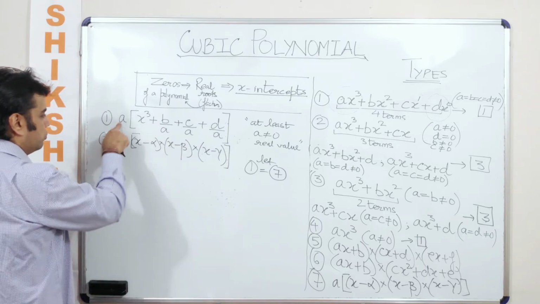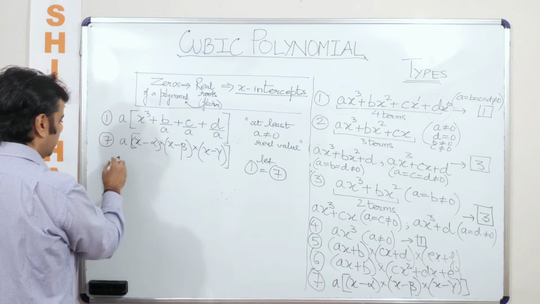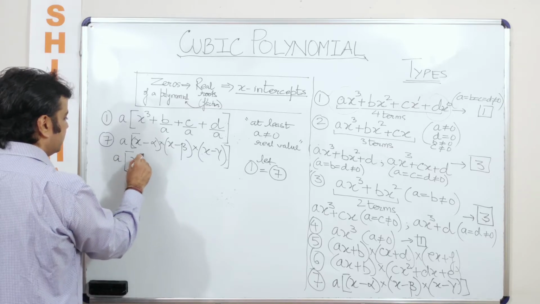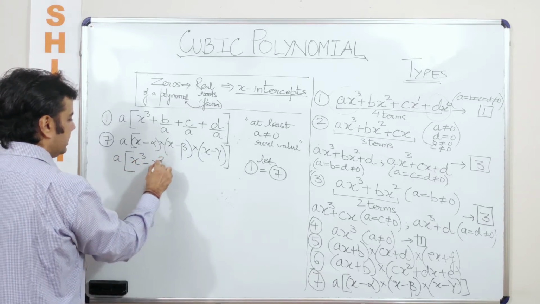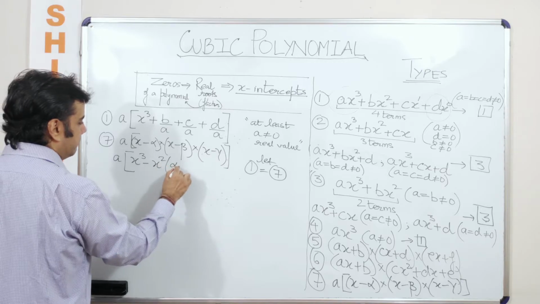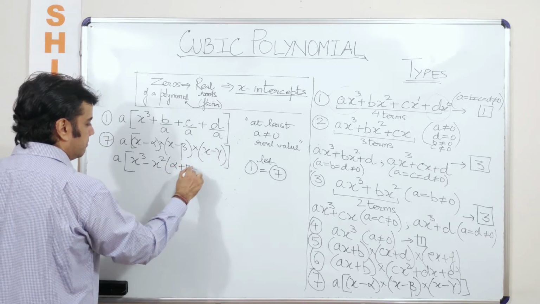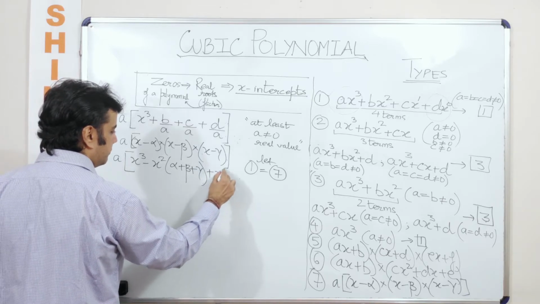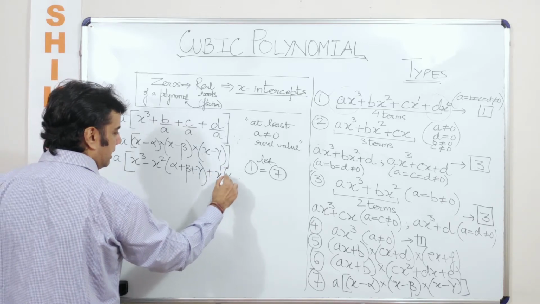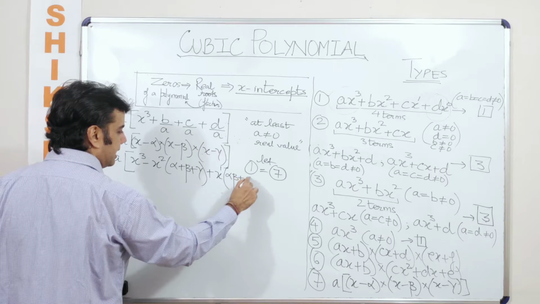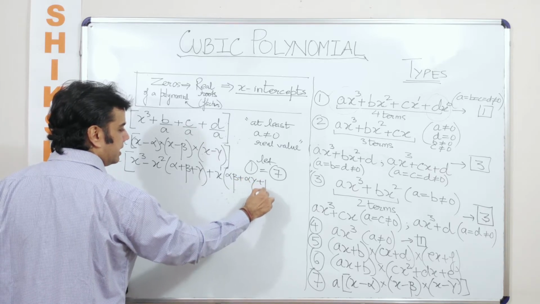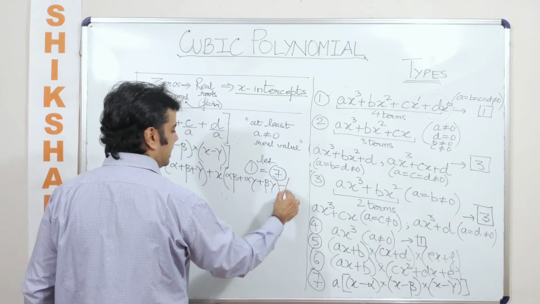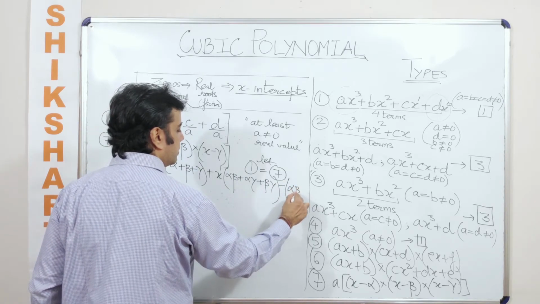In that case both of these get cancelled out, and then I can rewrite this equation as a times x cube minus x squared times (alpha plus beta plus gamma) plus x times (alpha beta plus alpha gamma plus beta gamma) minus alpha into beta into gamma.